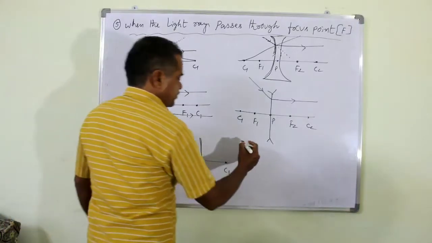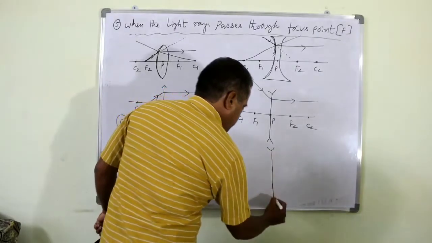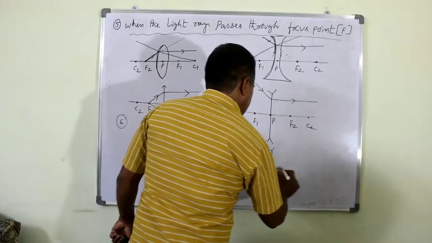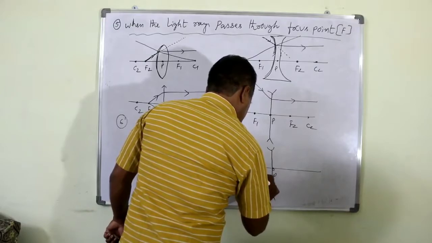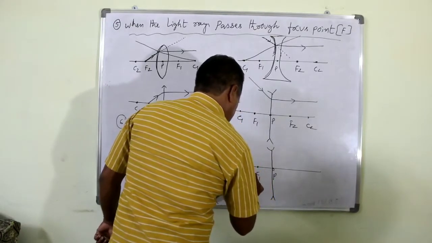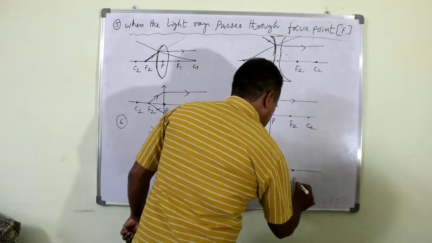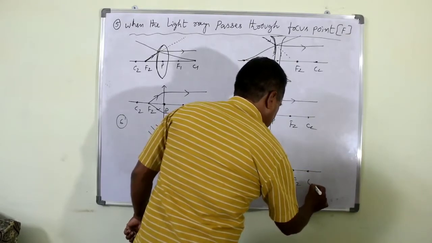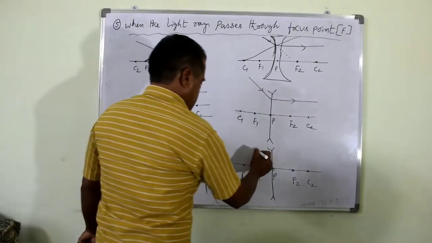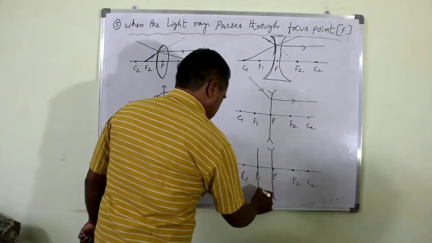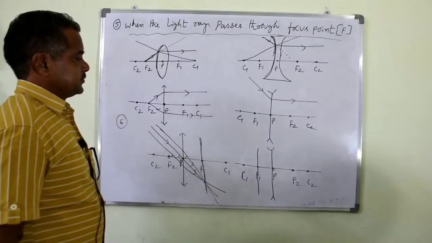So in the case of biconcave, what happened? For F1, C1, F2, C2. So here you draw one plane which is perpendicular to the axis and passes through the focus point.